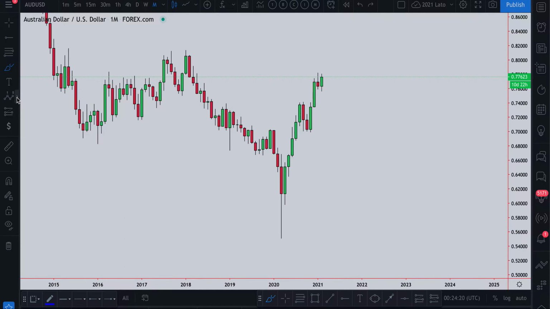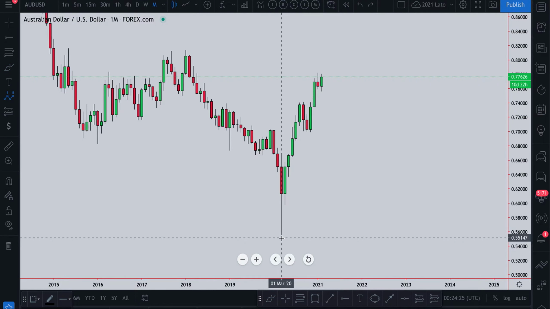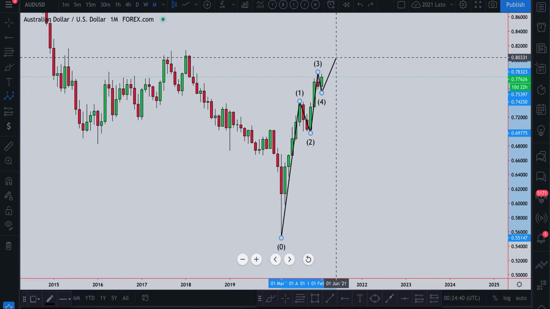If I use the Elliott impulse wave, from the swing low to the swing high, and swing low to the swing high and swing low, the last impulsive move should be happening up to the 0.8050 to 60 levels. So what I'm thinking from the monthly view is we still have room to go and test that level, the previous higher high.